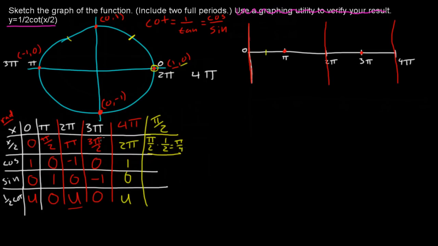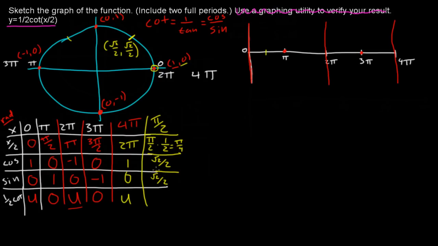So when we plug this in, pi divided by 2 is pi over 4. The cosine of pi over 4, if you remember from previous videos, we have this coordinate is (√2 over 2, √2 over 2). So the cosine of pi over 4 is √2 over 2, and the sine of pi over 4 is also √2 over 2.